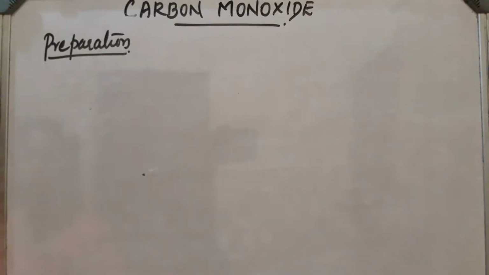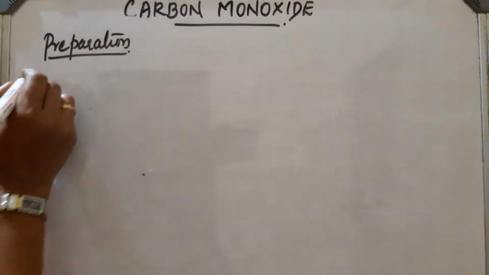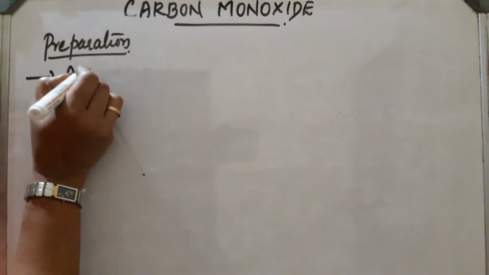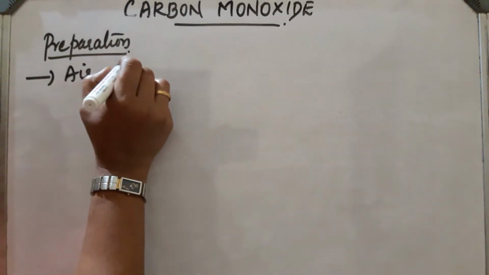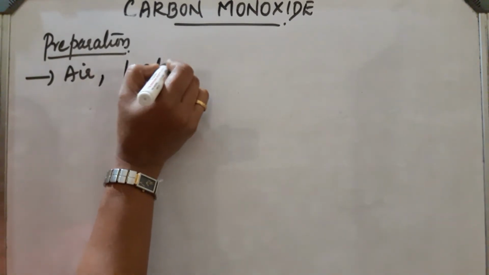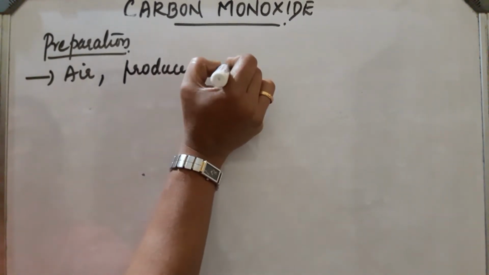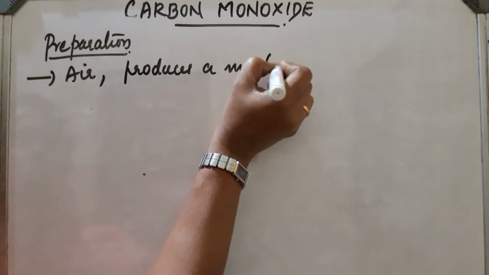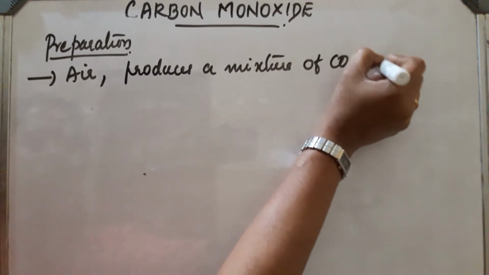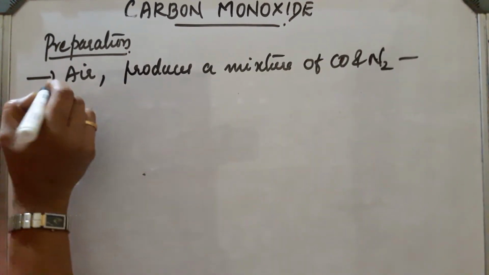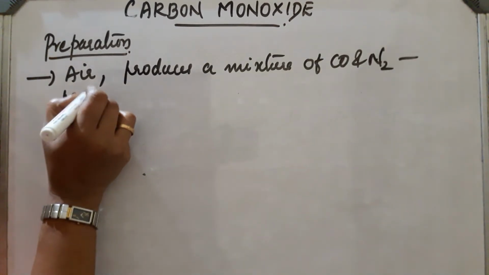Next, instead of steam, if we are using air, another mixture is obtained. It produces a mixture of carbon monoxide and nitrogen, and this mixture is known as producer gas.